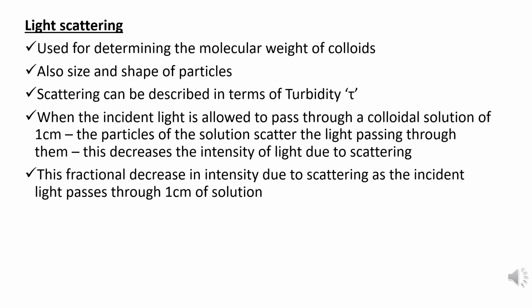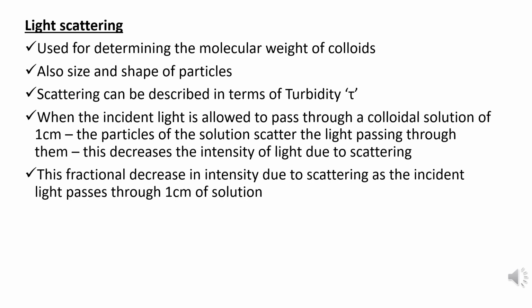The next optical property is light scattering. Light scattering also helps to determine the molecular weight, size of particles, and shape of colloidal particles. This light scattering is described in terms of probability. When light passes through a colloidal solution, the particles scatter a part of the light, and this decreases the intensity of light due to scattering.